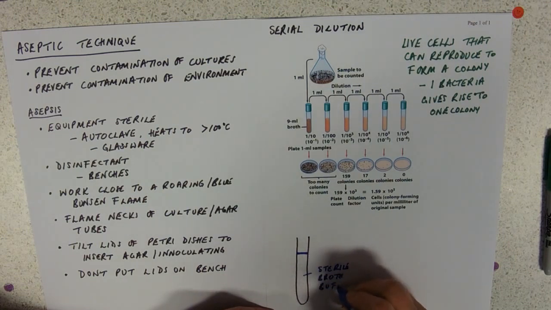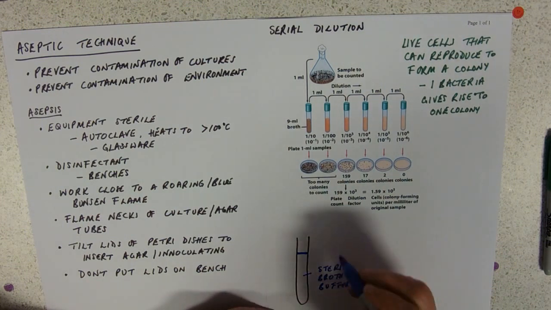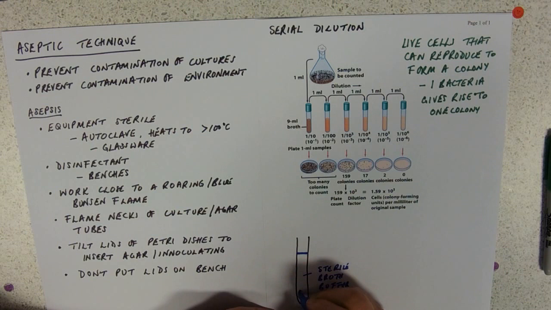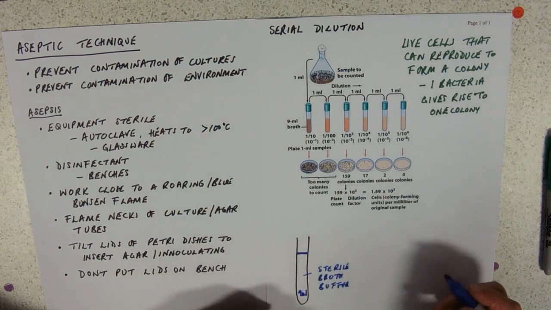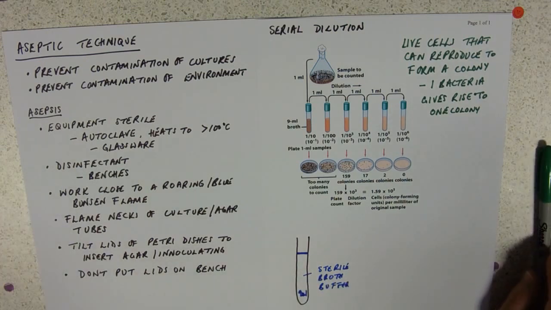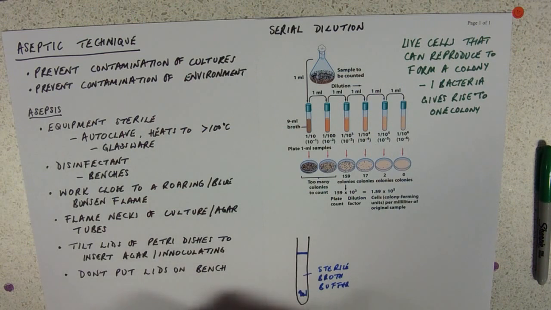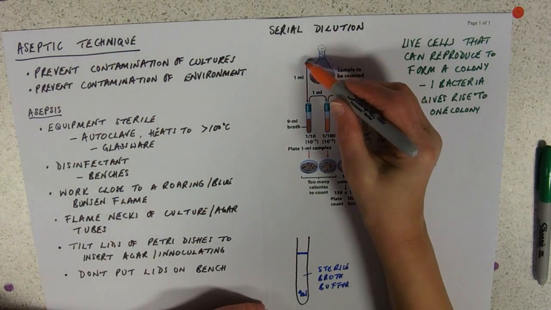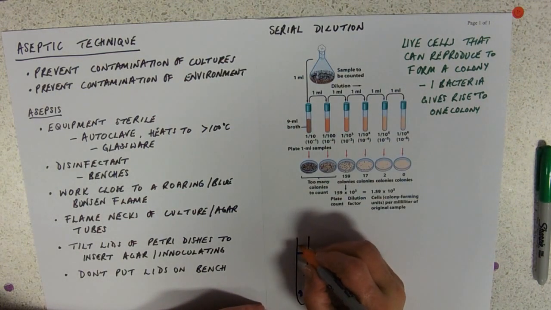You might have a buffer solution in there. It might be distilled water. And in this example, we've got 9 ml of broth or buffer in there, and you're going to put into that, in a nice contrasting colour, like orange, 1 ml of your sample.